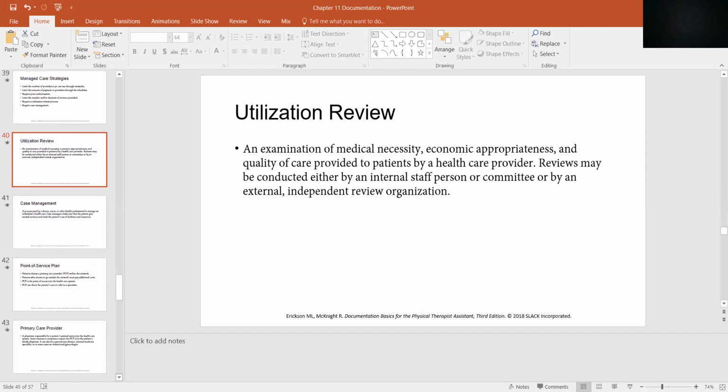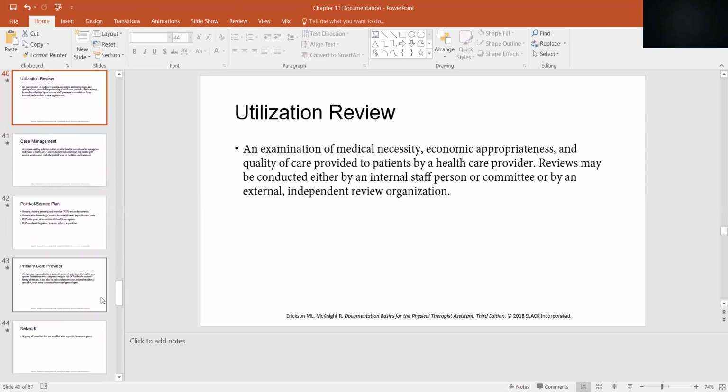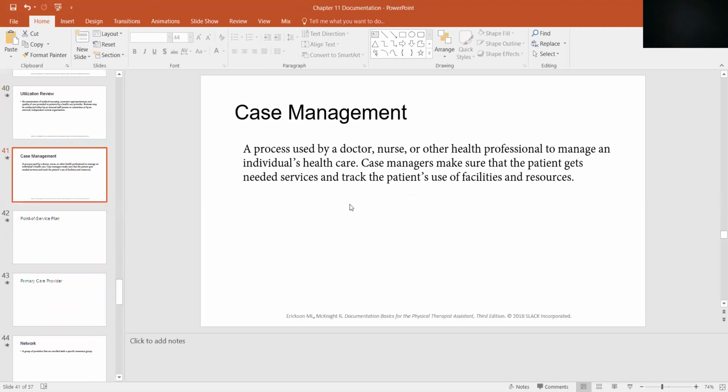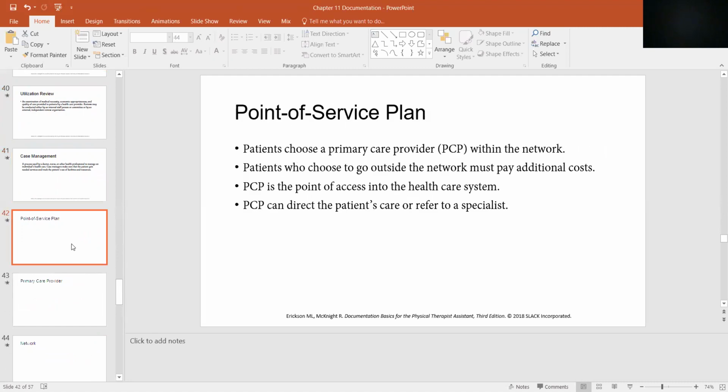I know Bryan Hospital, for example, has departments, or maybe even the directors of the department, that will audit charts and review them for their accuracy and that type of thing. Case management is the process used by a doctor, nurse, or other health professional to manage an individual's health care. Case managers make sure the patient gets needed services and track the patient's use of facilities and resources.